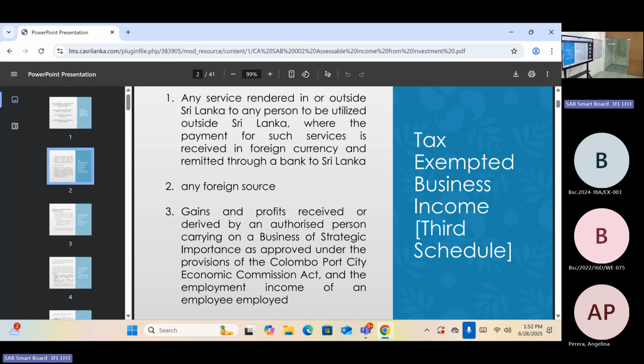So how is it happening? For how many years is that exemption available? Actually, there are two categories of business they recognize: strategic importance, primary and secondary. Right? Primary means developing infrastructure in the port city. Secondary means a person doing permitted business in that particular area.